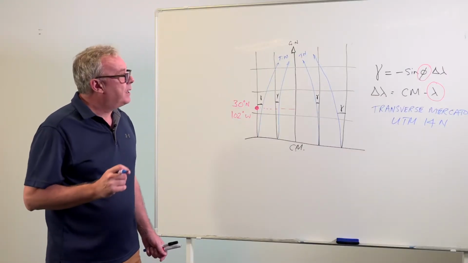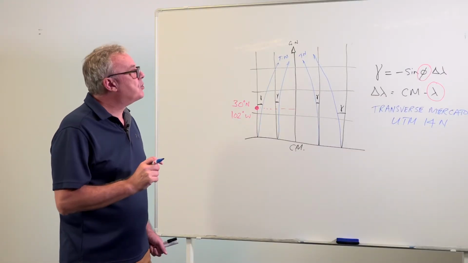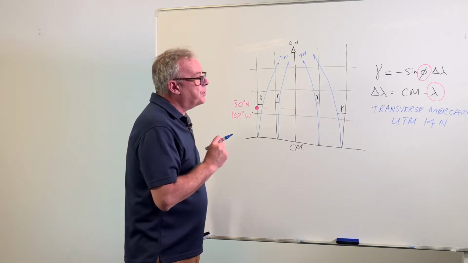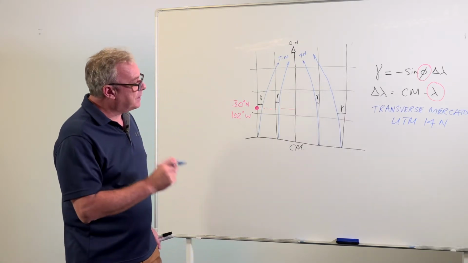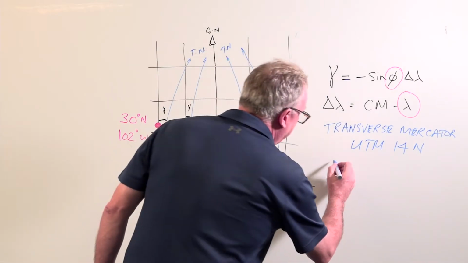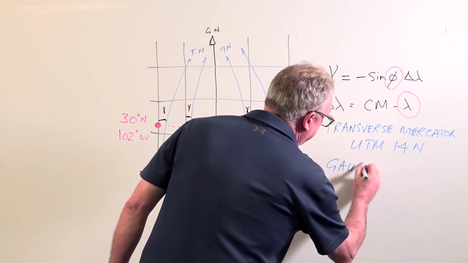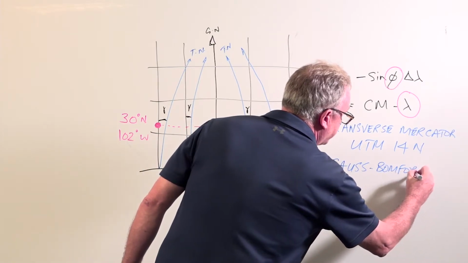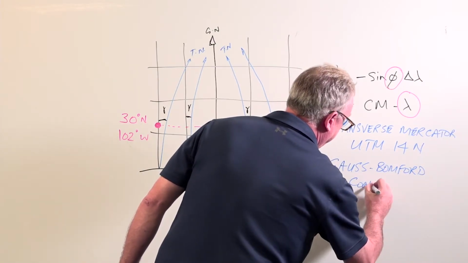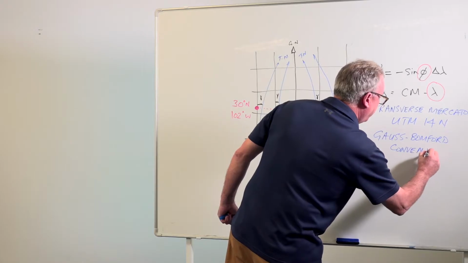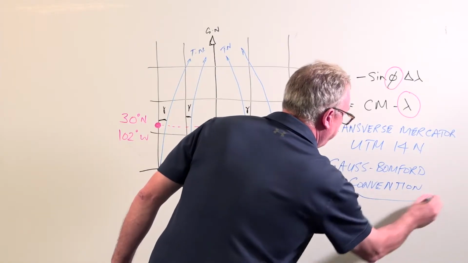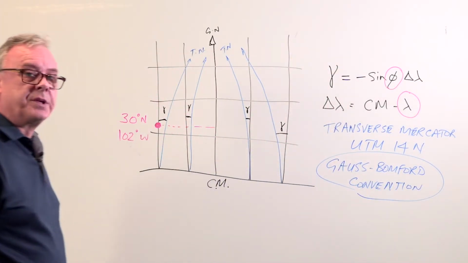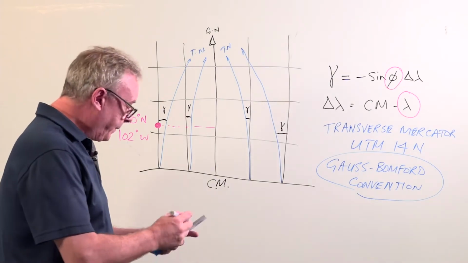And secondly, there are two different conventions for convergence. Both give the same answer, but a different sign convention. And the convention that we're going to be applying during these computations is going to be known as the Gauss-Bomford convention. And I'll show you a little bit more about this in 1 second with respect to the sign.